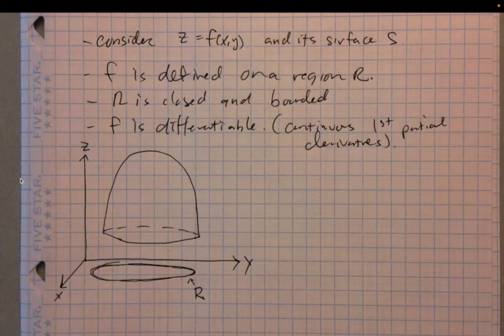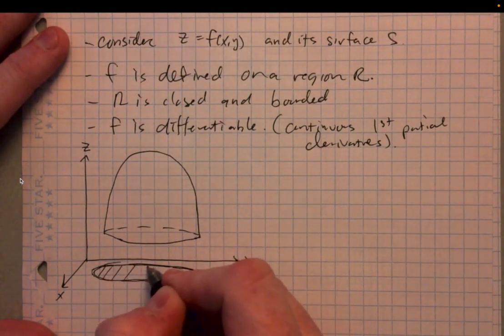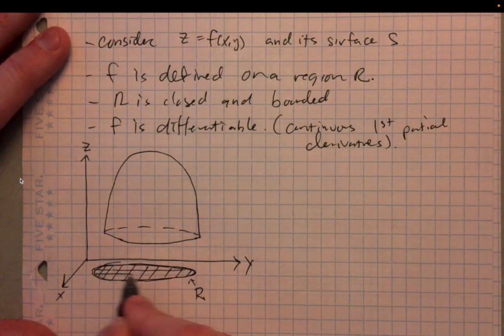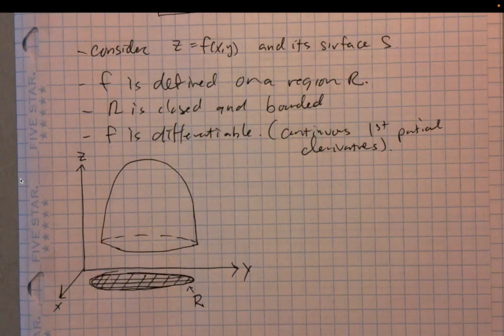As we typically have to do with double integrals, we have to create some kind of partition of R. In this case, we're going to use rectangles, just like we saw in a previous example. So we're going to partition this space R into n rectangles.